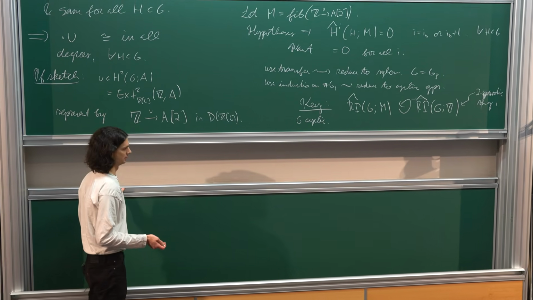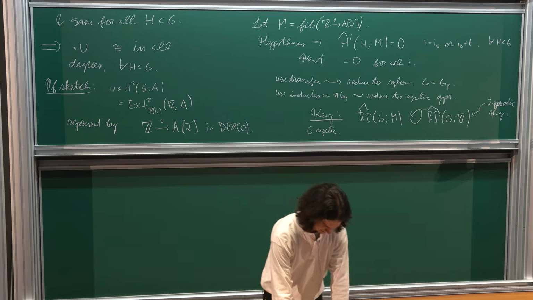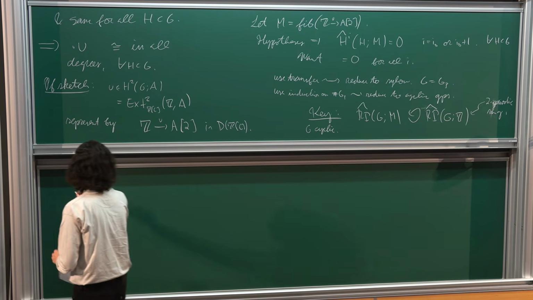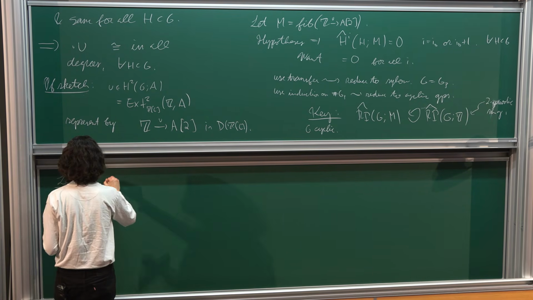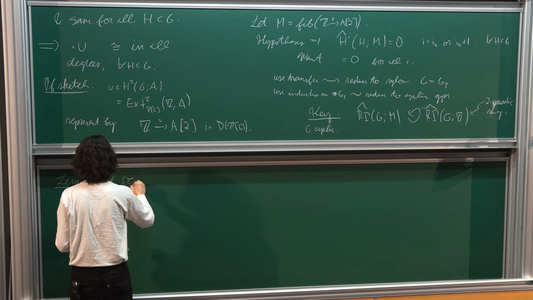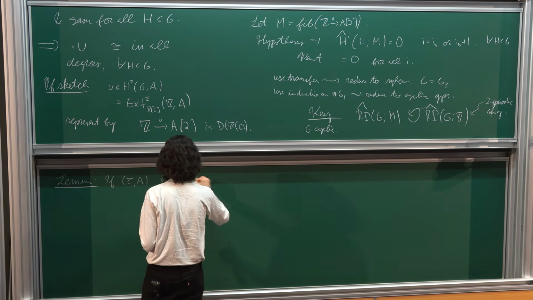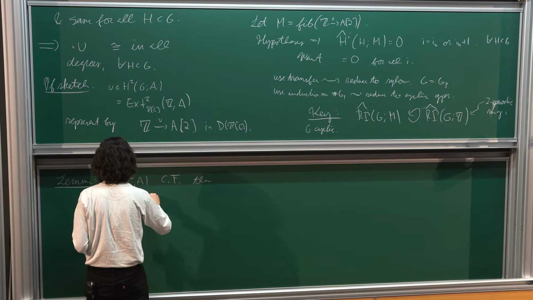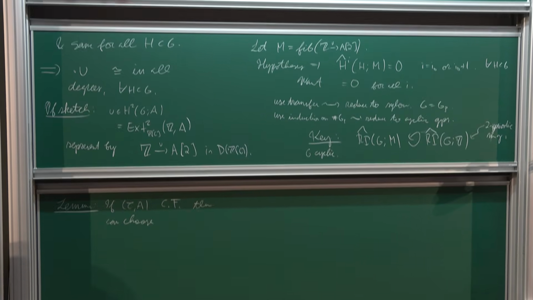So now let's apply this to class formations. There's a little lemma. If (C, A) is a class formation, then you can choose, so I said in the axioms of a class formation that this group was cyclic of a given order.